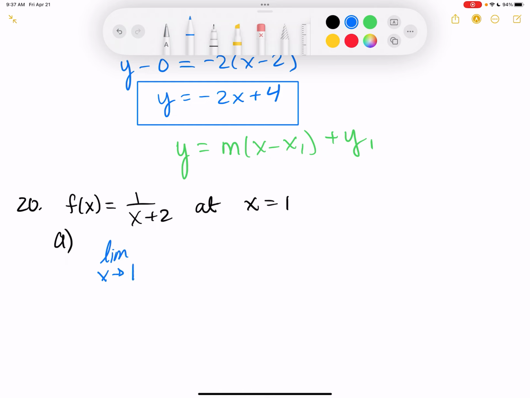I forgot about that part. That commonly gets left off, so we got that part. And then 1 over x plus 2 minus 1 over 1 plus 2. So I'll just rewrite that as 1/3.